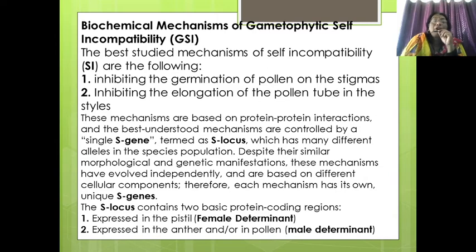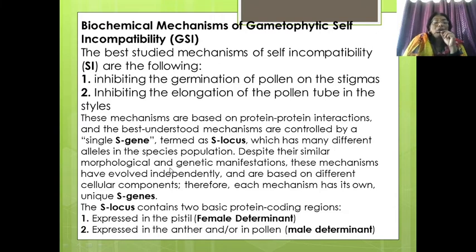Or, second, if the pollen grain germinates, then the elongation of the pollen tube does not occur through the style. These mechanisms are based on protein-protein interaction, and the best understood mechanisms are controlled by a single S gene. That S gene is termed the S locus, which has many different alleles in the species population.